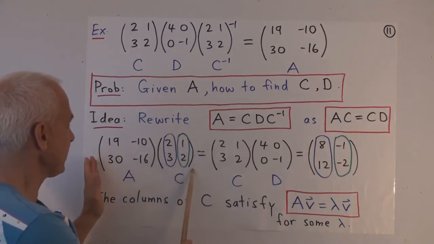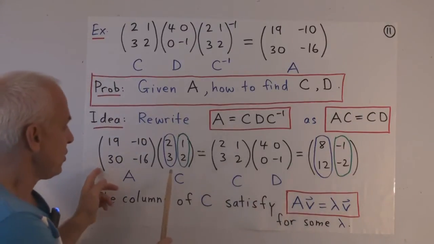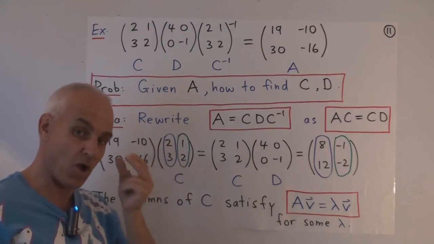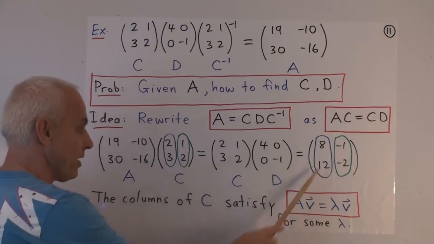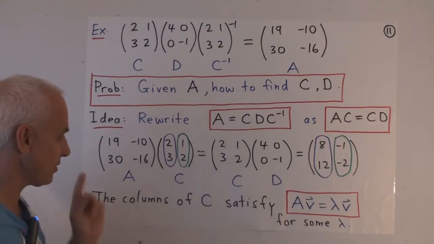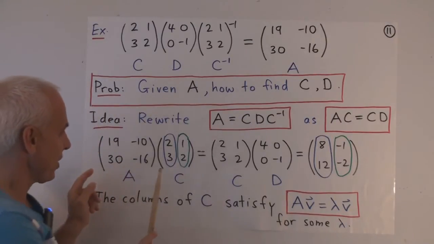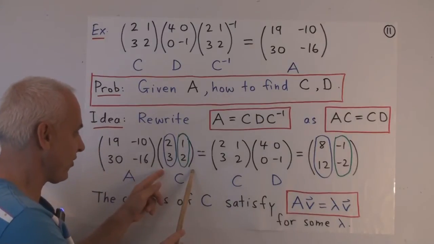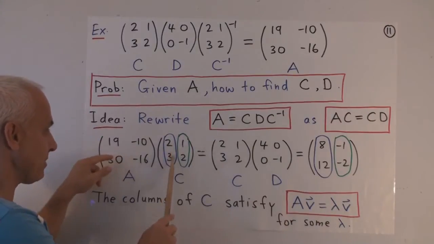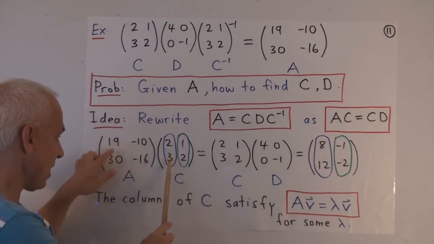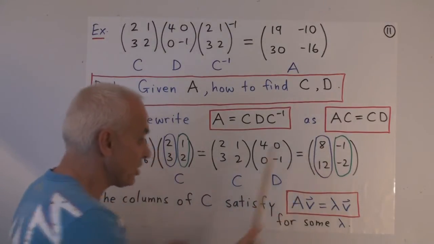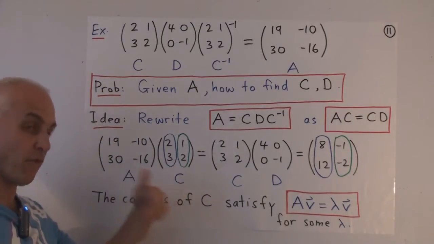So altogether, if we look on this side and compare it with here, when we multiply this matrix by this matrix, what we are doing is working column-wise. When we think about it column-wise, the first column of the result is obtained by taking this matrix times this column. So we have the situation where A times this column 2, 3 equals this column here. But we've seen that this column is just a multiple of 2, 3. It's 4 times 2, 3.